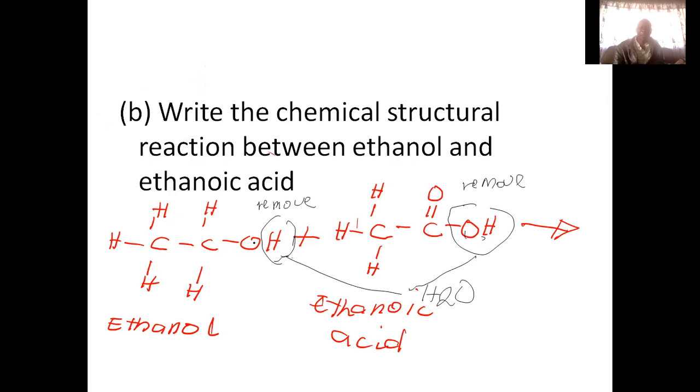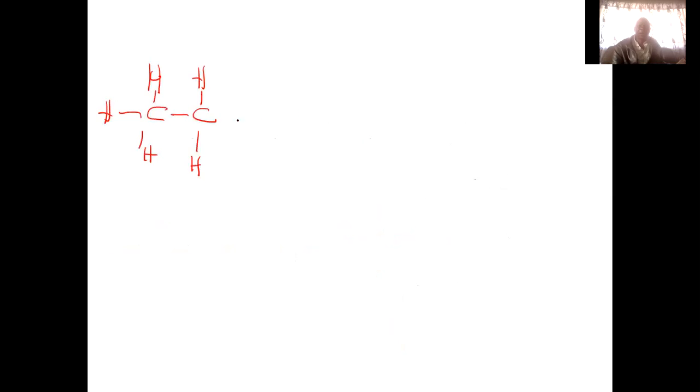So meaning that this oxygen should be linked to where we have removed the hydroxyl group in ethanoic acid. In other words, we have our oxygen here, and this will be linked to that one there, and this will be linked to hydrogen. And as we said, this is hydrogen, and this is the hydrogen. There should be 4 atoms.